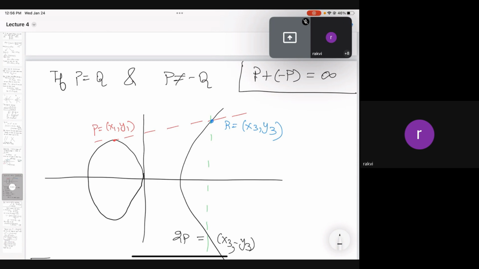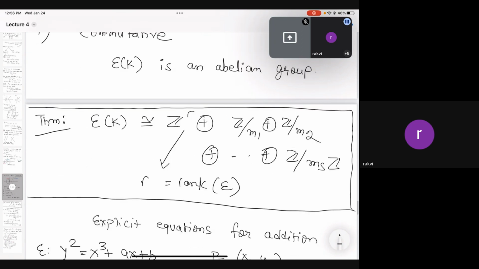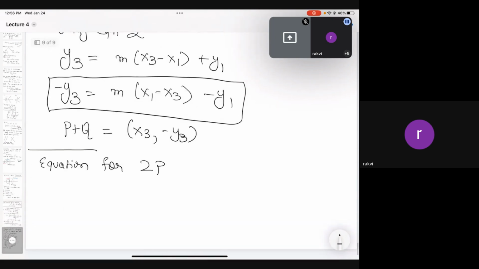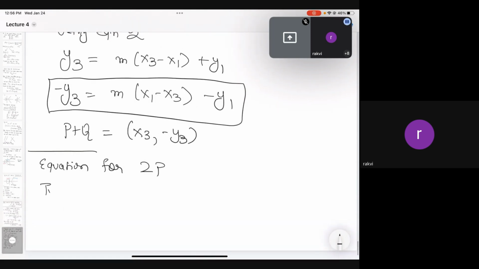If we are given a curve and we have a point, and at that point we draw a tangent, and we want to compute the slope of the tangent, we simply take the derivative of the equation at that point. So to find out slope of tangent, we need to take derivative.